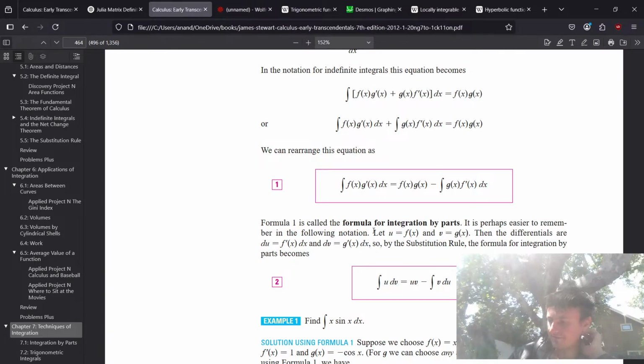Oh, so if we have f g prime dx, then this becomes u. So dv is equal to g prime of x dx, so dx is dv over g prime of x. So then we get u dv.